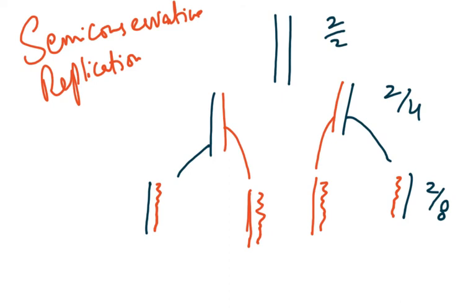So the original strands were 2 out of 2, then it's 2 out of 4, then 2 out of 8, and then 2 out of 16. So this 2 is going to remain as many times as it divides, but the 2 original ones will always remain. This is one of the MCQs which checks whether you have understood this part of semi-conservative replication or not.